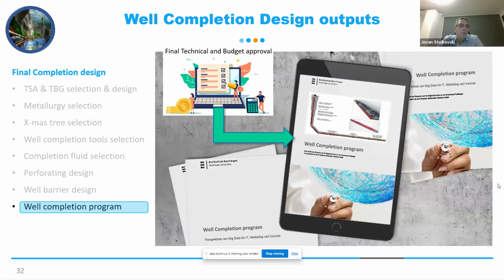It needs to be approved by the technical authority for the technical part, but also for the project management economical part.